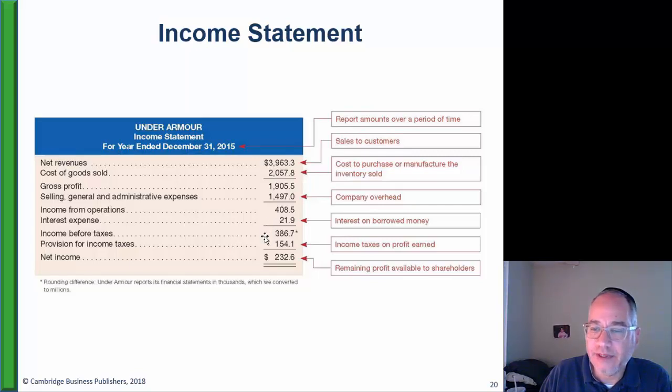And then you have income before taxes. If you then subtract income tax expense, it's usually called provision for income taxes, but it's really income tax expense, and then you get net income. So you have one item here, revenues, at the very top of the screen, and then you have these various expenses which are subtracted from it in arriving at net income.